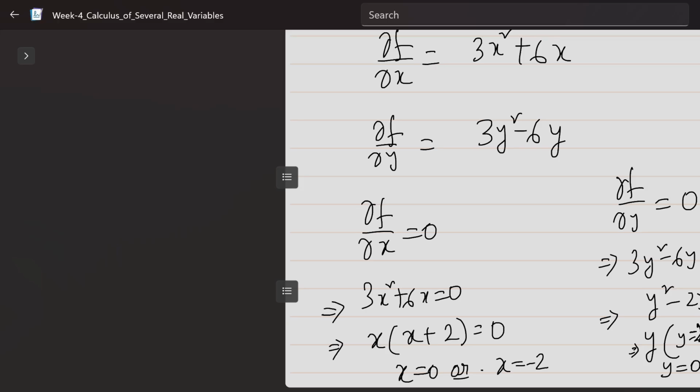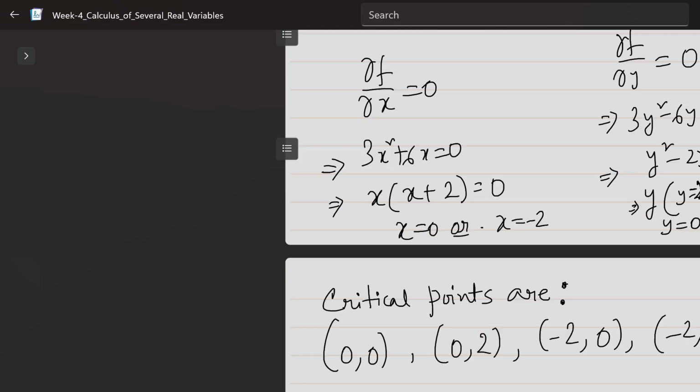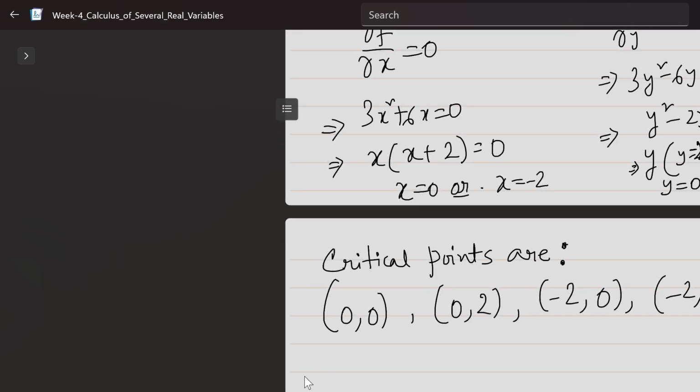So now you find del 2f del x2 at all these points. So what is del 2f del x2? It is 6x plus 6. No need to find here. We have to find D directly, capital D. So del 2f del y2 is 6y minus 6. And del 2f del x del y is 0.